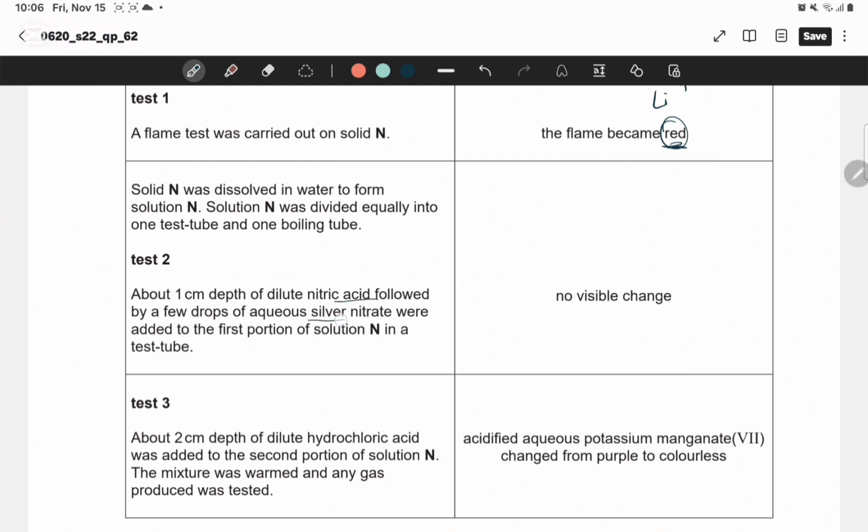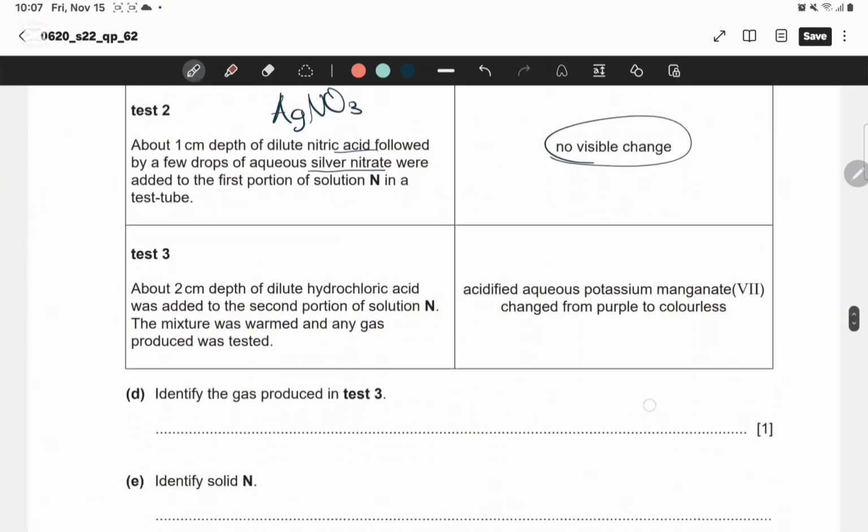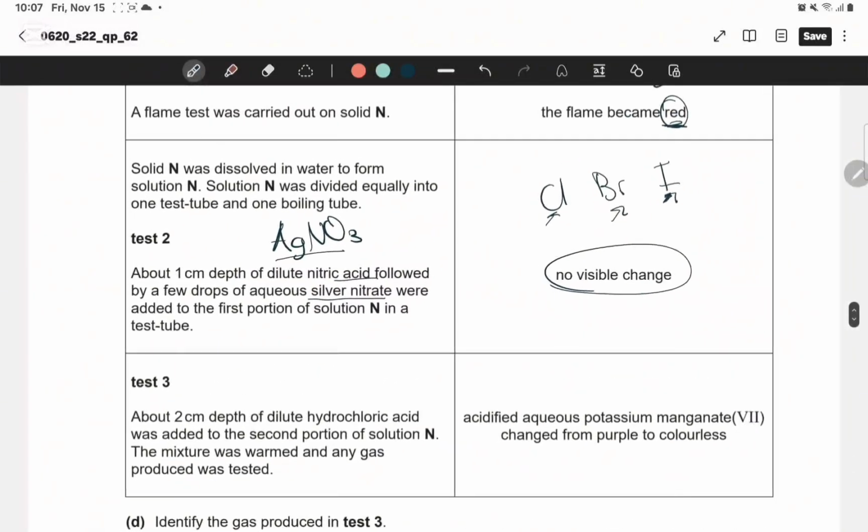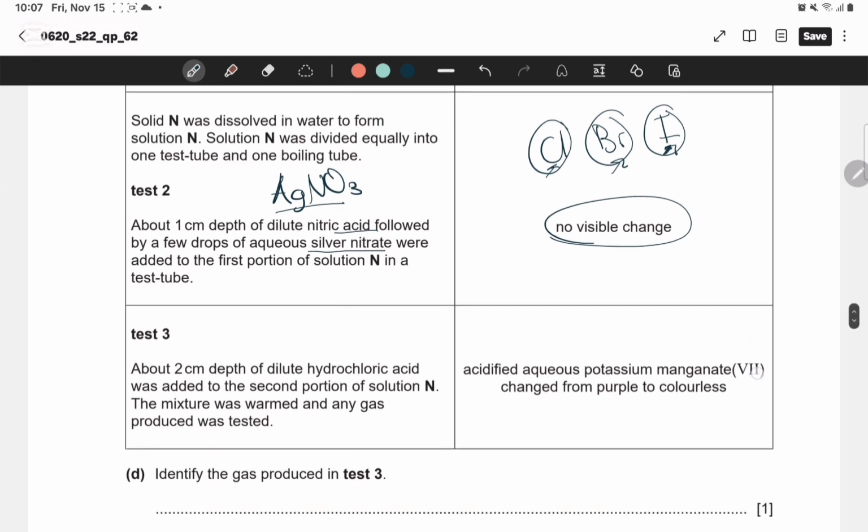So acid and AgNO3, and there was no visible change. So it can't be Cl or Br or I, because I turns yellow when it's with AgNO3, bromide turns creamy and Cl turns white, like the precipitates. I is yellow, Br is creamy precipitate, and Cl is white precipitate.